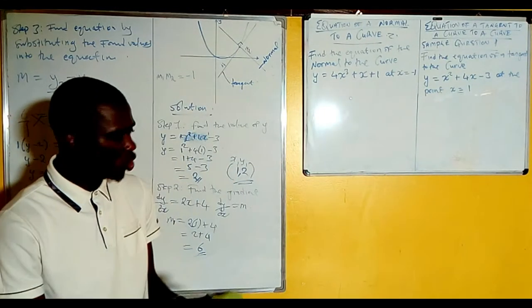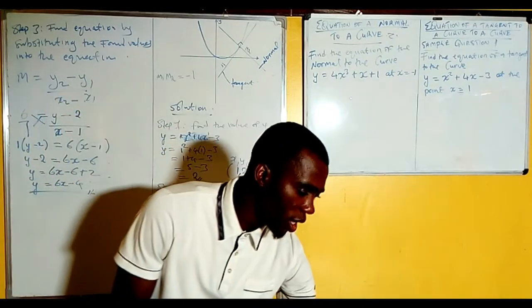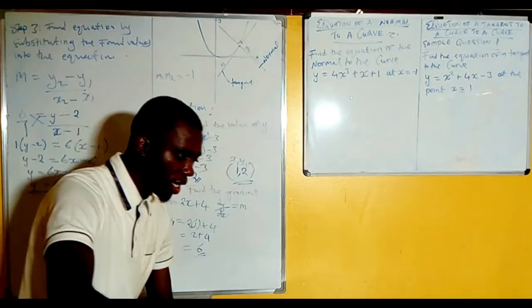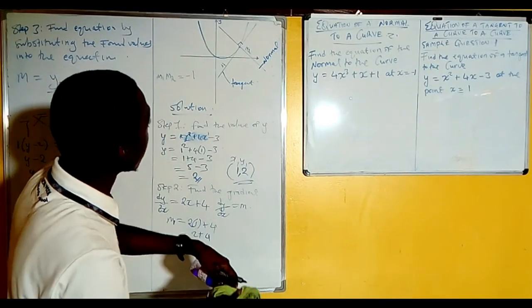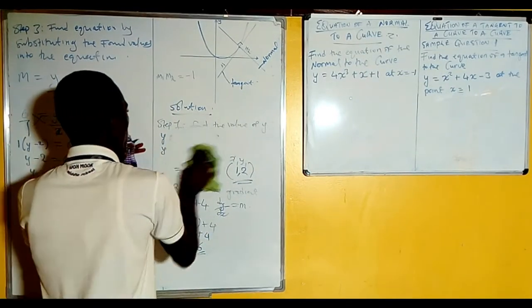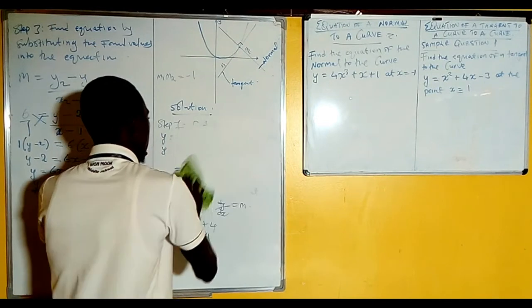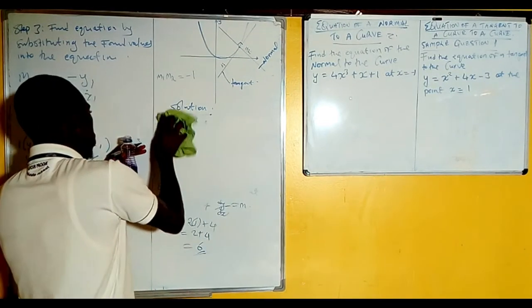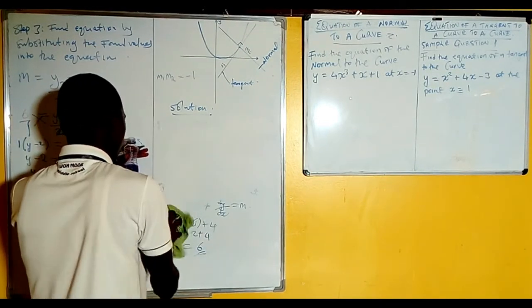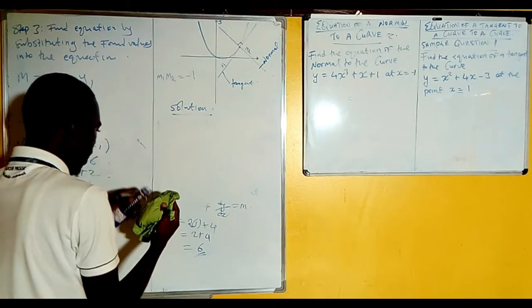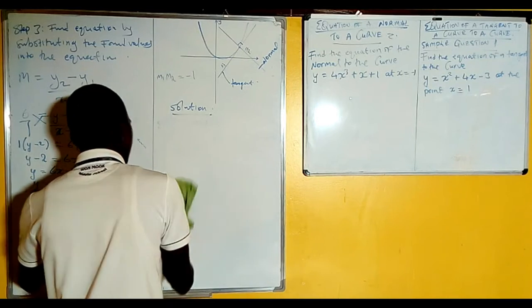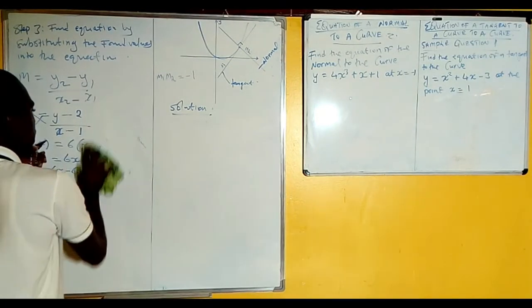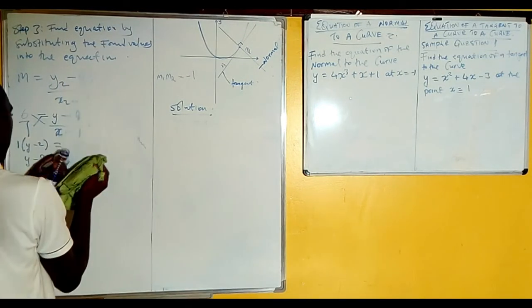Okay, so as we are still doing this one, let's also look at the steps for determining the equation of the normal. Determining the equation of the normal also follows almost the same steps, except that this one has been simplified into 4 steps so that you can easily master them and apply them appropriately.